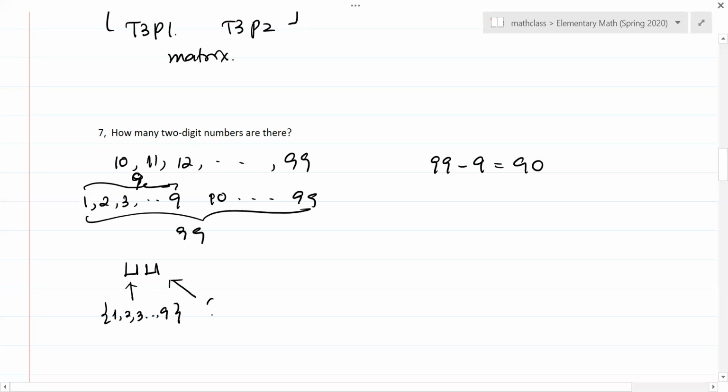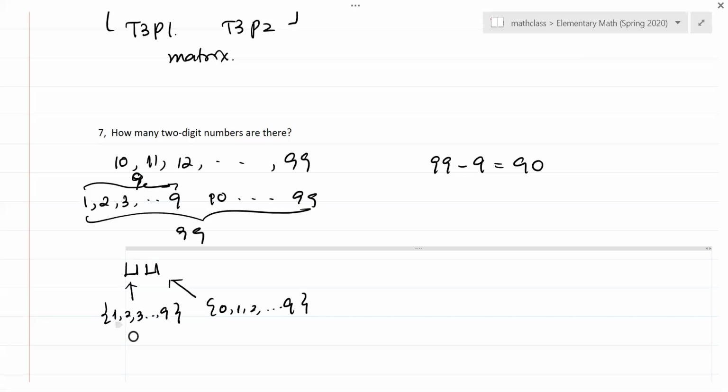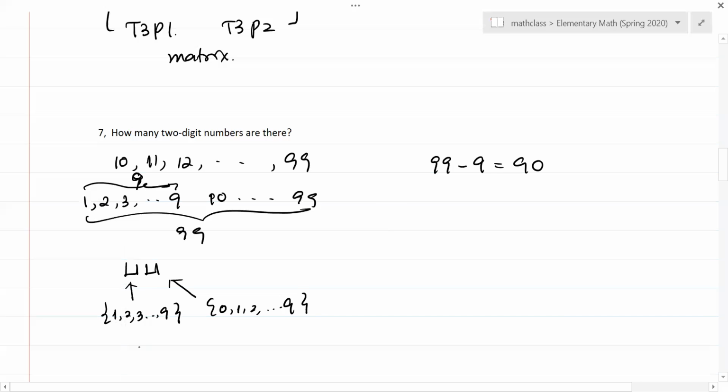For the second digit, you have 10 choices. It can be 0. So similar to the t-shirt and pants problem, for the left one you have 9 choices, for the right one you have 10 choices. The combination will be 9 times 10, so it's also 90.